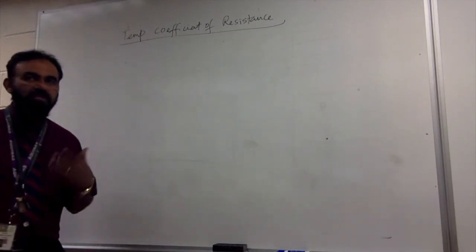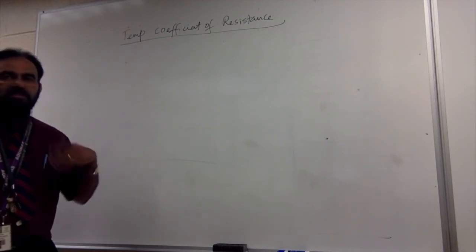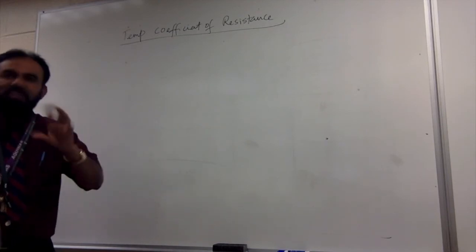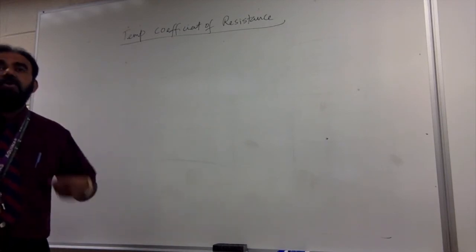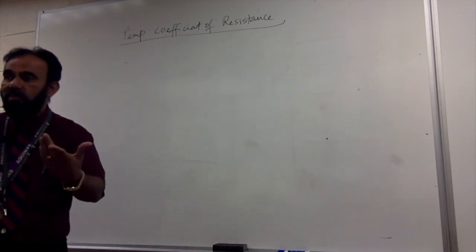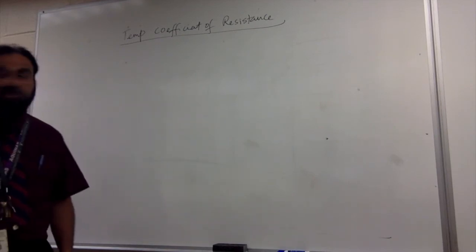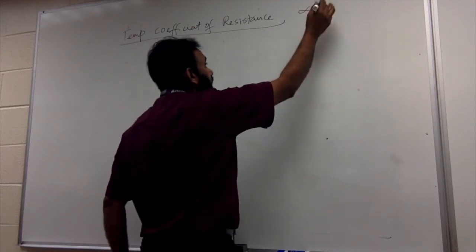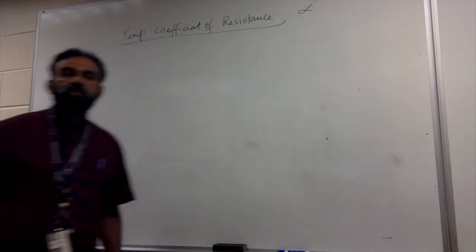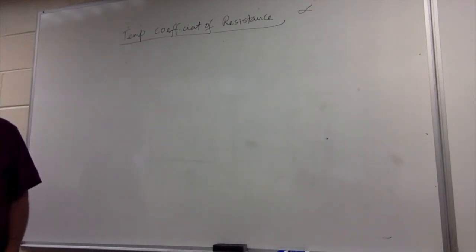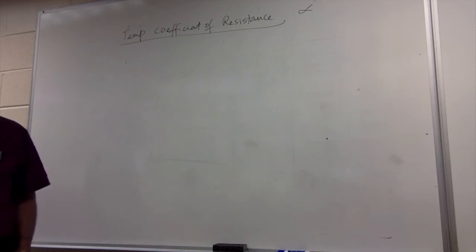So when the temperature changes, resistance will change. And how much does it change by per ohm, per degree rise in temperature? That is called temperature coefficient of resistance. And the symbol used there is alpha. Alpha represents temperature coefficient of resistance.